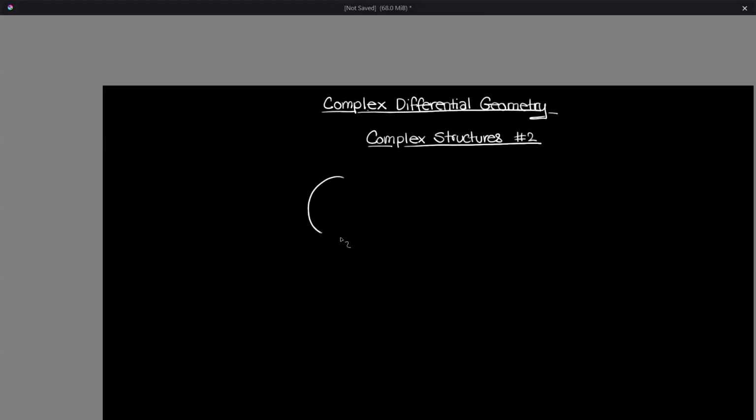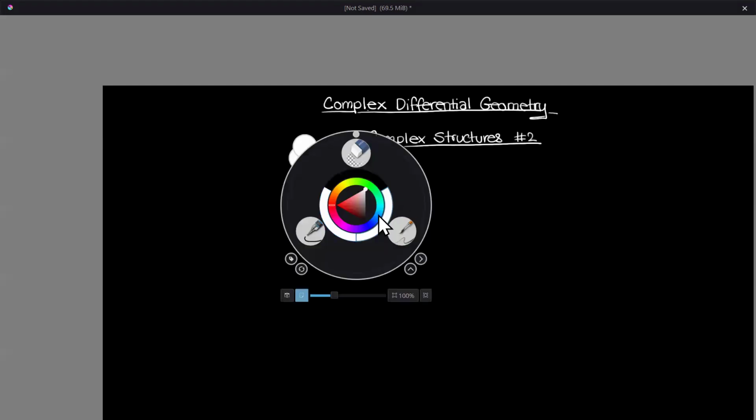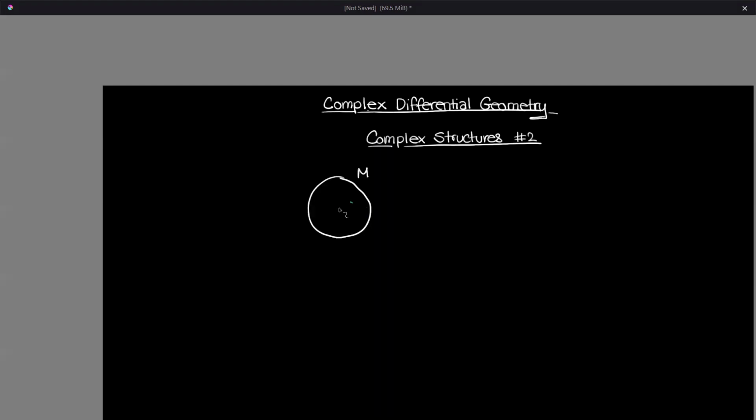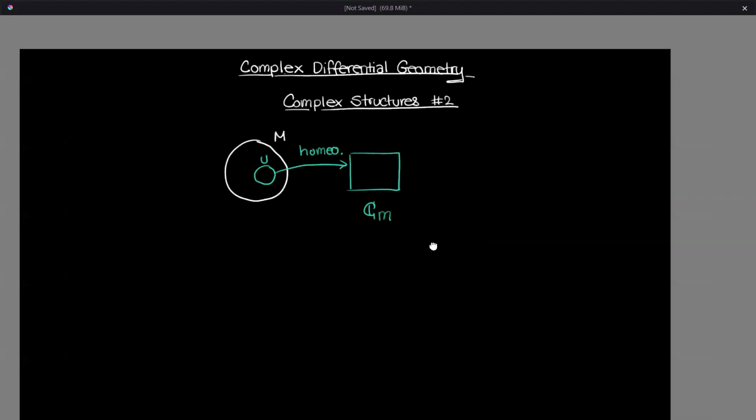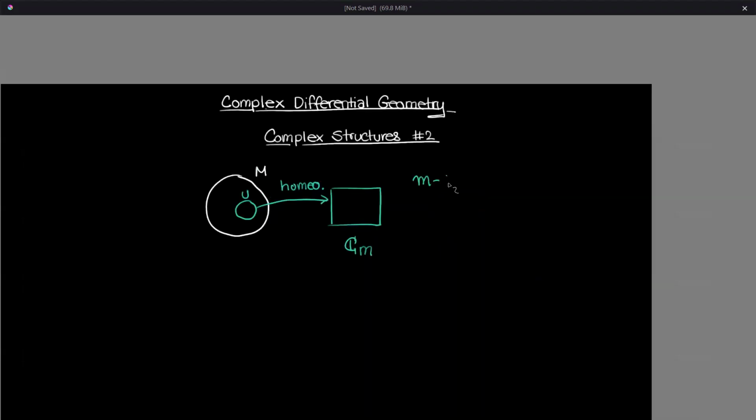We had that manifold M, and since it's a complex manifold, we could take a little open set on this manifold, and then it would be homeomorphic to a copy of C^m, which would make it an m-dimensional manifold.